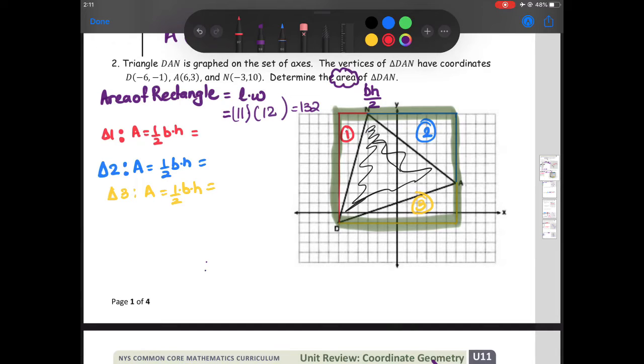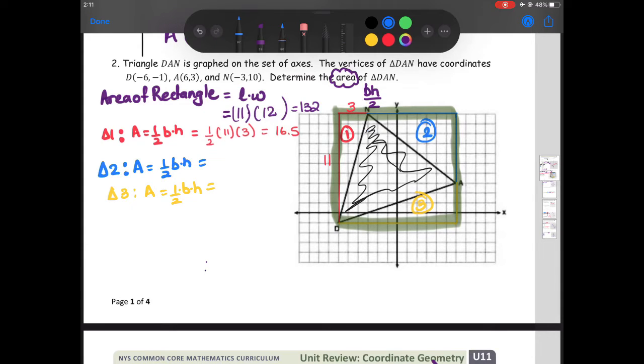I drew the triangles around. What is this length? This length is 11 and this is 3. So it's going to be 1/2 times 11 times 3. So which is 33 over 2, which is 16.5.